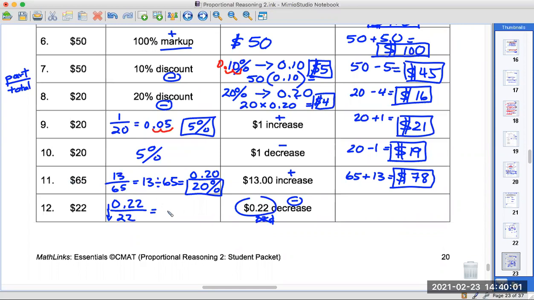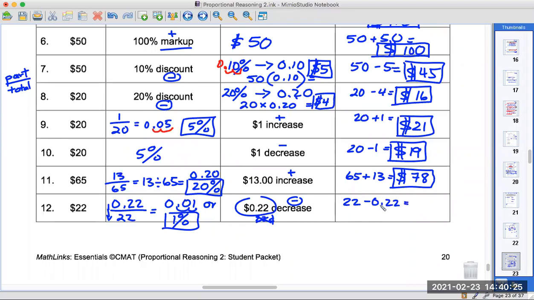And you should see in your calculator view 0.01 or 1%. So it's a decrease of 1%, but what we're subtracting is not the 1%, we're subtracting the dollar amount.